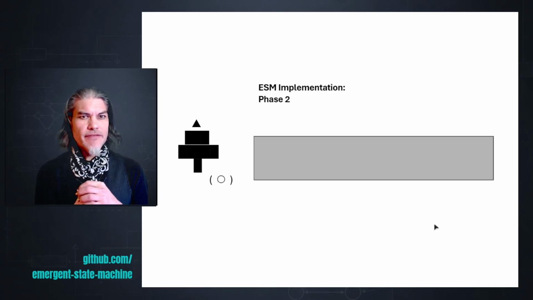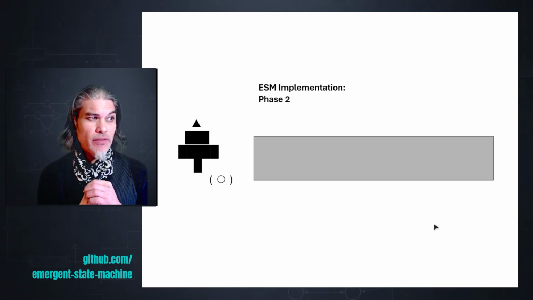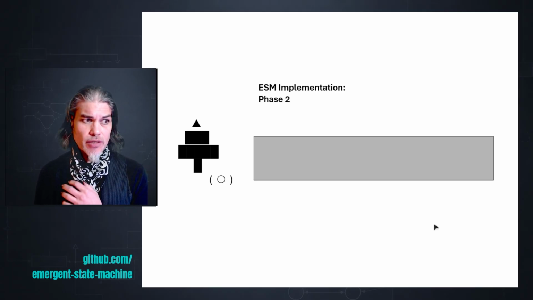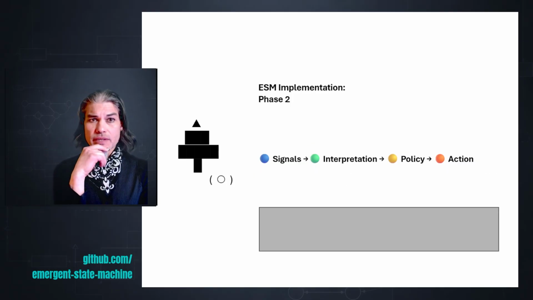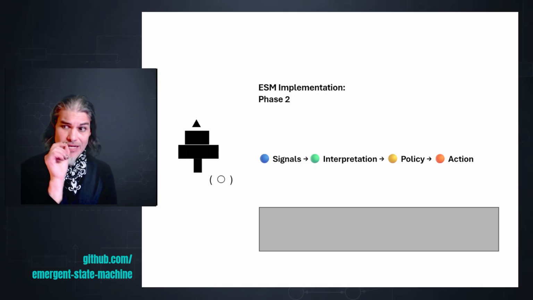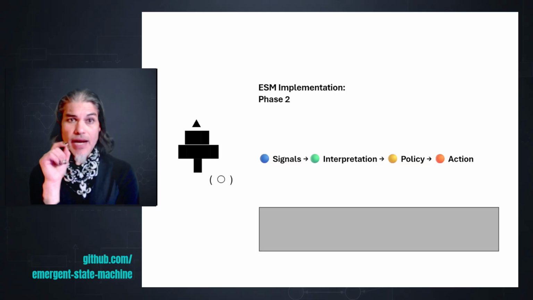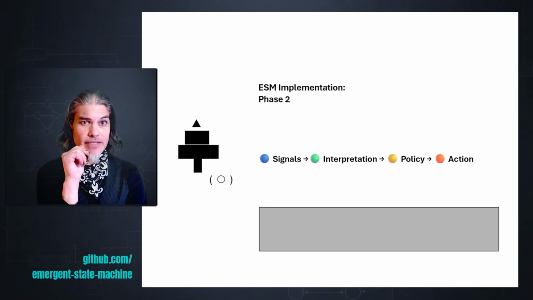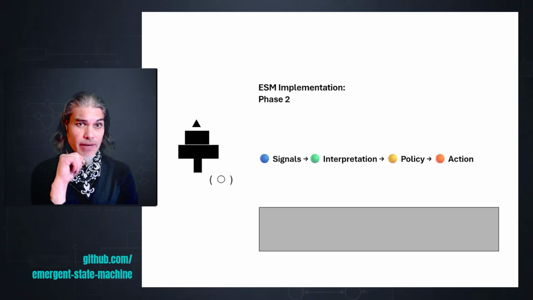Once that reasoning is visible, some teams may want to explore how ESM could bring operational decisions under structured policy. At that point, the system is no longer just observing decisions, it's helping guide them. This is when the control tower actually starts directing traffic.